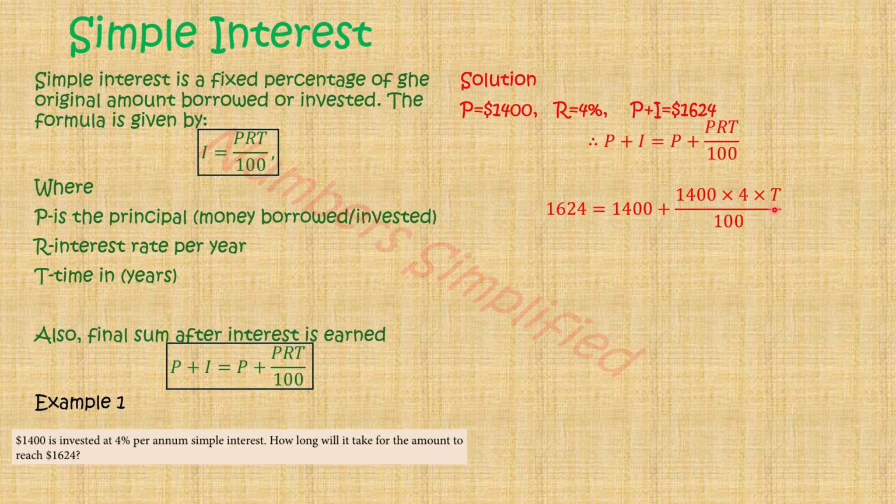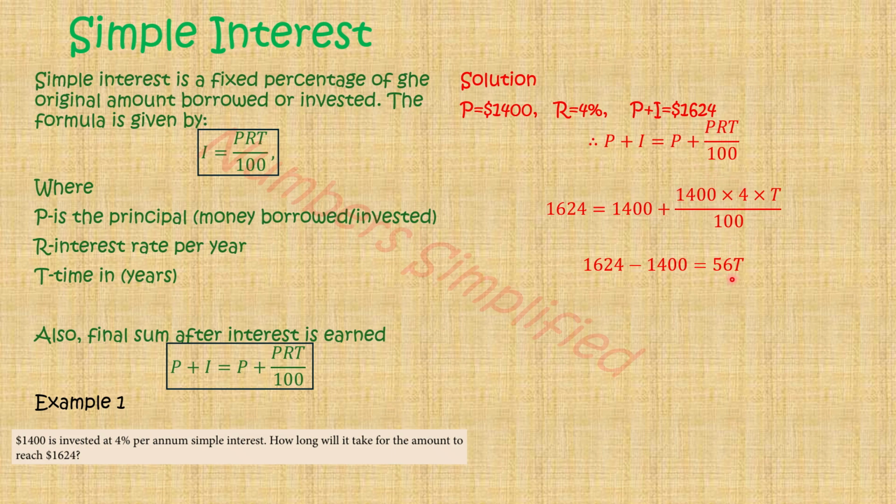Now, the easy thing to do is to move the 1,400 to the left-hand side, so that we have it subtracted from the final sum. Since it crosses the equal sign, 100 into 1,400 will give us 14. 14 times 4, we get 56T.